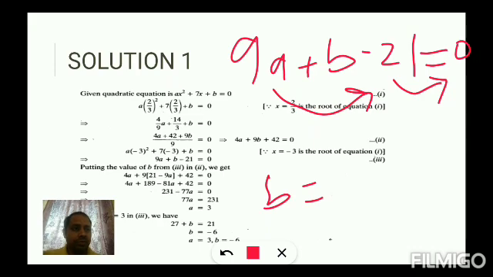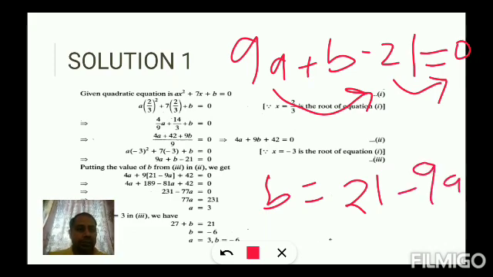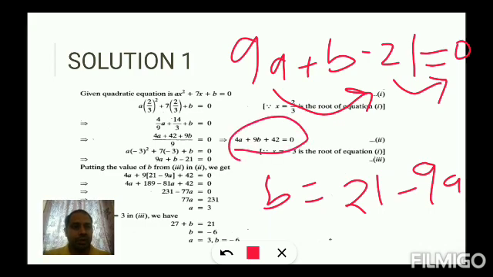Minus 21 moves as plus 21 and 9a moves as minus 9a, right? That means at the place of b in the other equation, we can write 21 minus 9a.